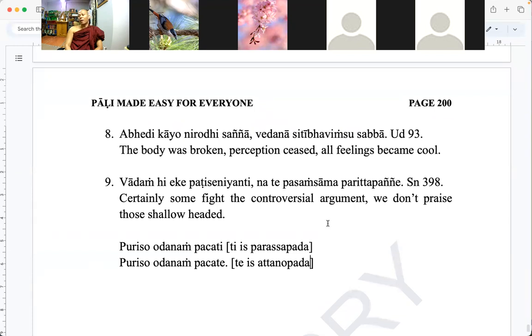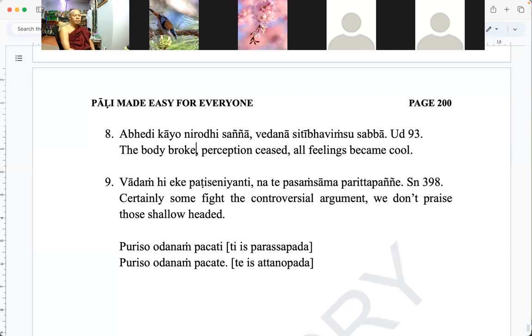Sometimes in Pali, instead of saying "was broken," maybe "broke," the body broke itself. Yeah, that way is better. But sometimes as a passive form also.